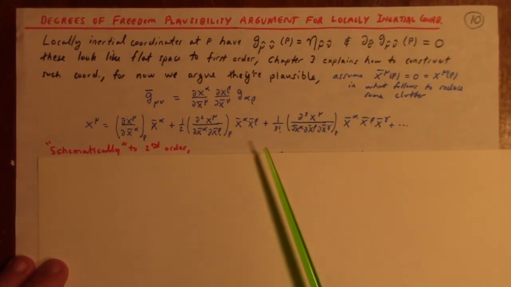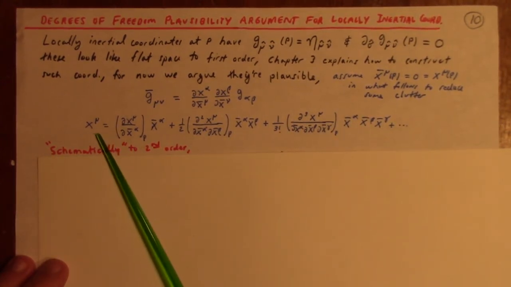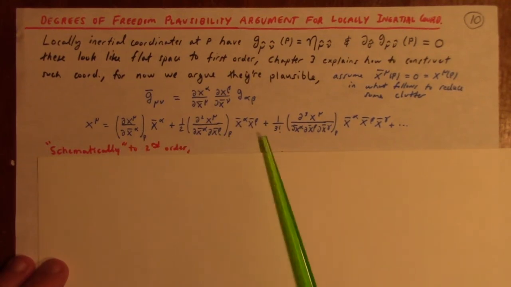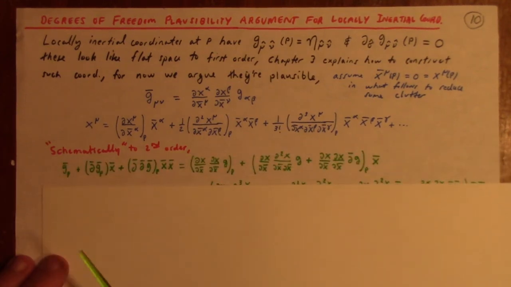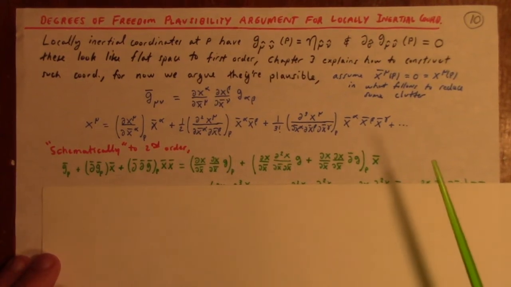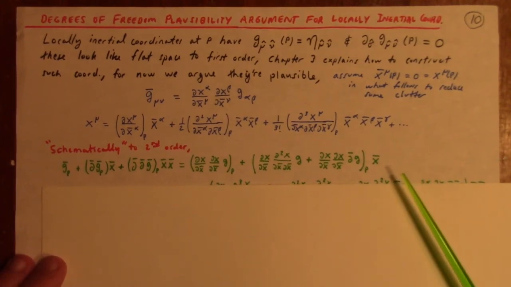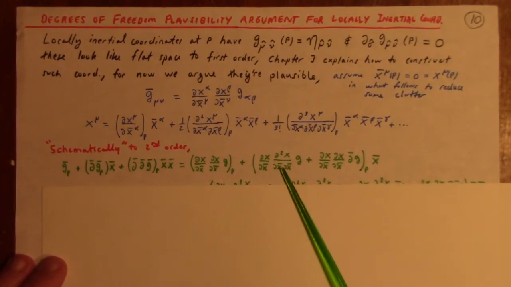The argument involves some multivariate Taylor expansions. In particular, the coordinates can be expanded in the transformed coordinates like so, and likewise the derivatives of the transformed metric can be written in terms of the original metric in terms of this expansion here, like so.